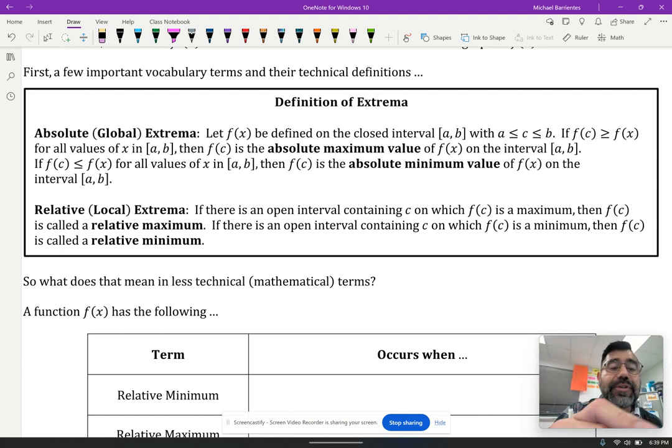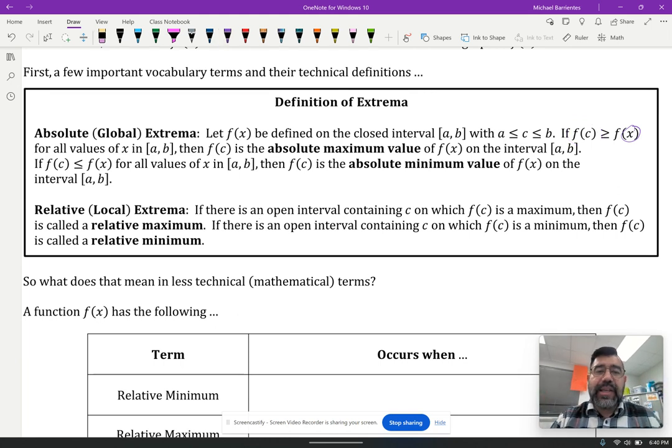If I have a function defined on a closed interval, so I know where I'm starting and where I'm ending, and I'm including those endpoints, and there's a c value in between those endpoints, I know that I have an absolute maximum value if f of c, the y value of that x value between a and b, is bigger than or equal to any x value in the closed interval.